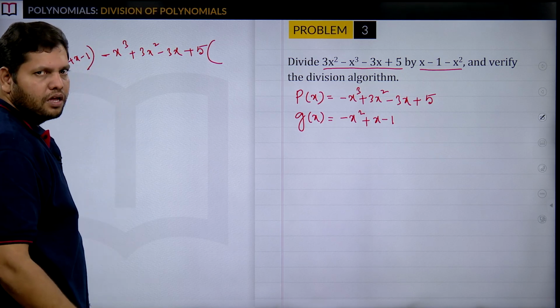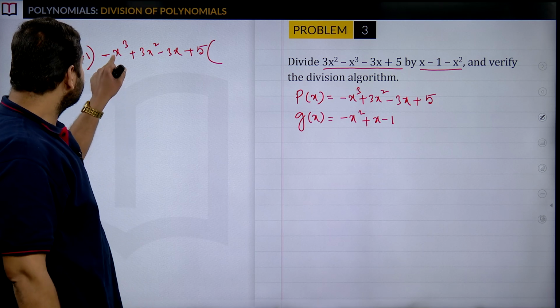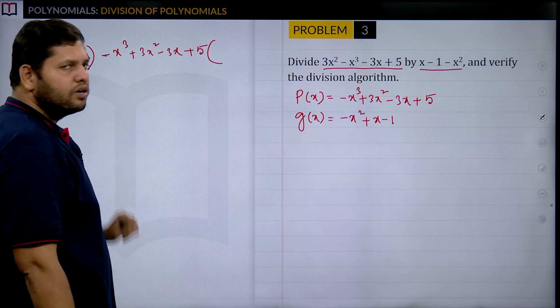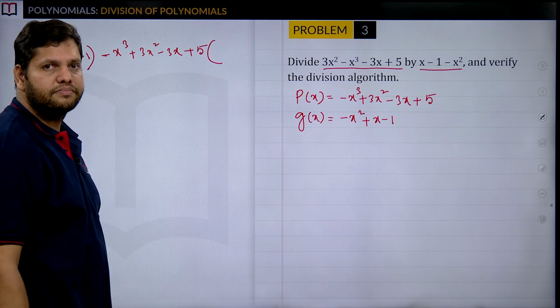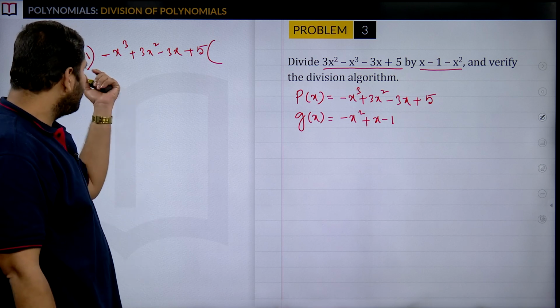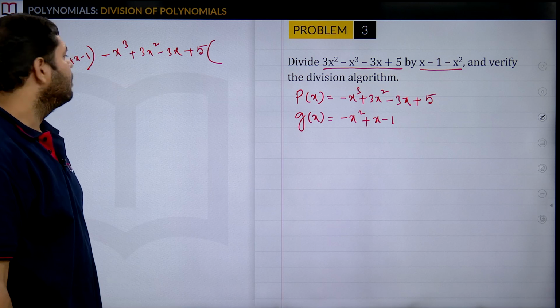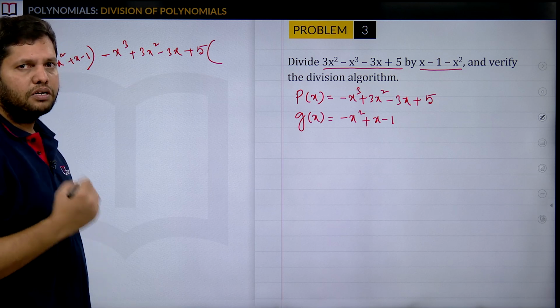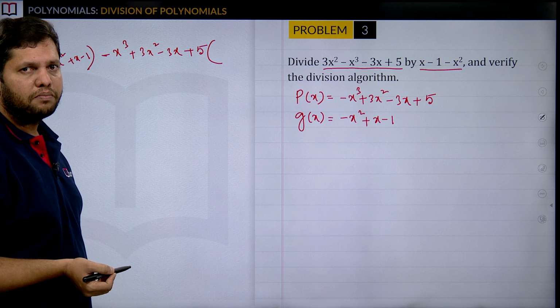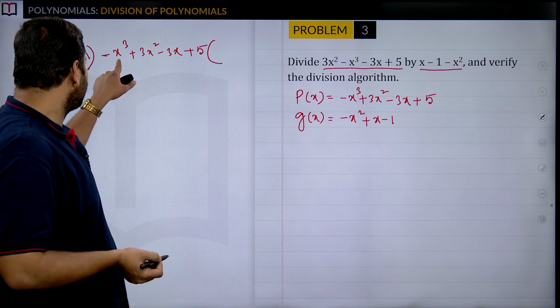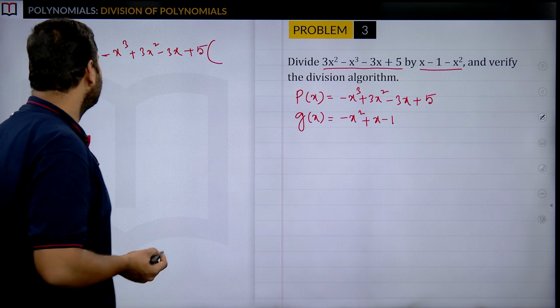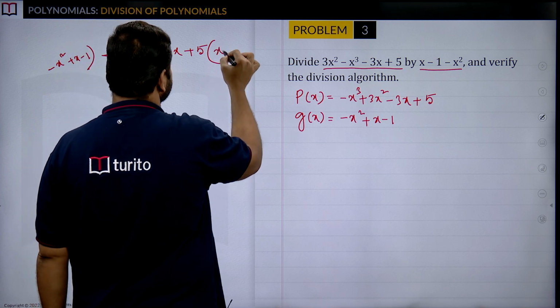Now, children, look here. This is the minus x power 3 term, and this is only the minus x square term. So I want to get the minus x power 3 term. How can we get it? Can you tell me by which polynomial expression we need to multiply? It is minus x power 3, and it is simply minus x square. So we need to multiply with only x.